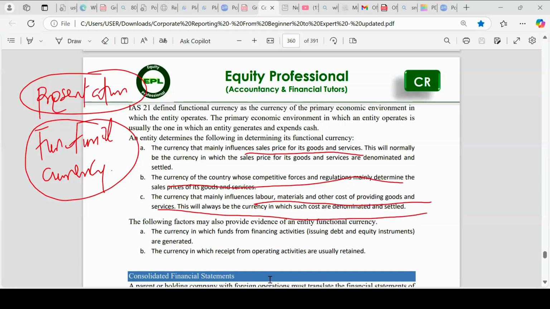So we have looked at the first scope of IAS 21 when there is a transaction in a foreign currency, just a transaction. We might just have a few transactions that we did. We probably have Eurobonds as one of our investments. We probably have technology, our technology cost, IT, most of the time is charged in USD.